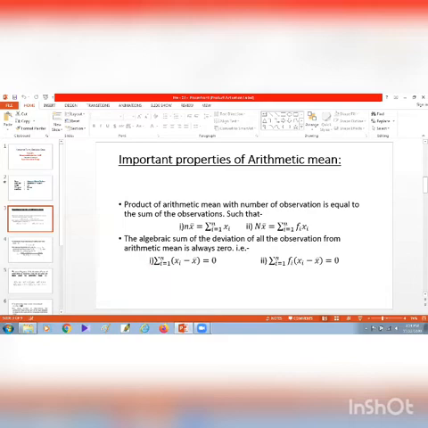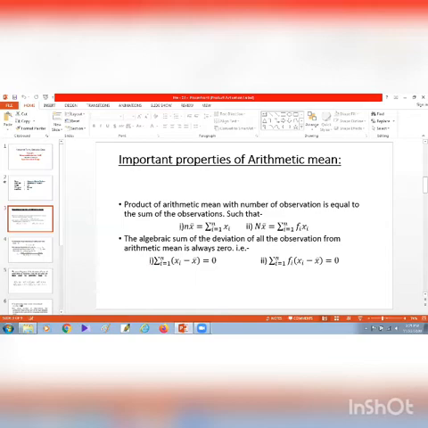So, the first property of arithmetic mean is that the product of arithmetic mean with the number of observations is equal to the sum of the observations, which can be expressed as n x bar equal to summation xi. This is for non-classified data, and for classified data, this is capital N x bar equal to summation fi xi.